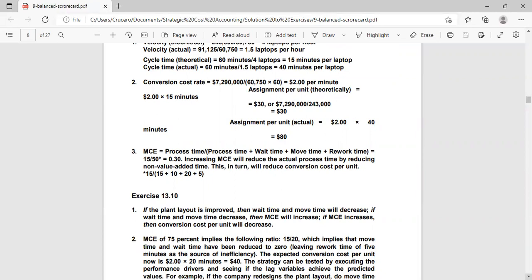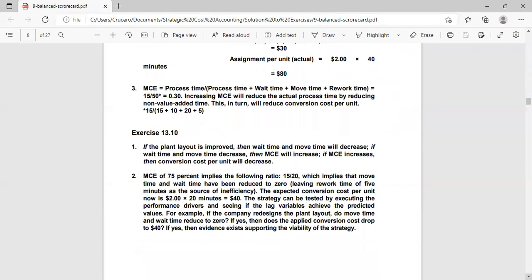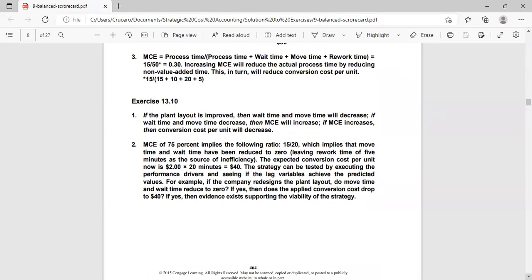In number 2, an MCE of 75% implies the following ratio: 15/20, which implies that move time and wait time have been reduced to 0, leaving rework time of 5 minutes as the source of inefficiency.